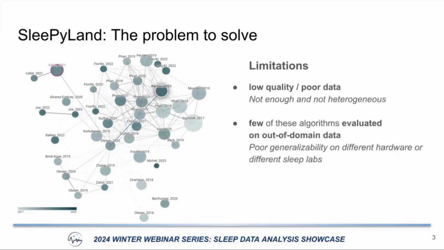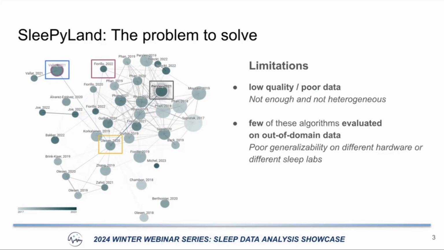I would say the majority of them have been trained and evaluated on low quality or poor data, meaning the data were not enough and not heterogeneous. And only a few of these algorithms have been evaluated on out-of-domain data, resulting in poor generalizability on different hardware or different sleep labs, so different patients with different sleep disorders and so on.